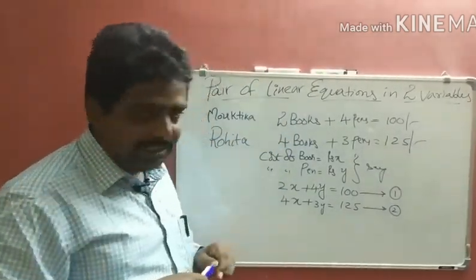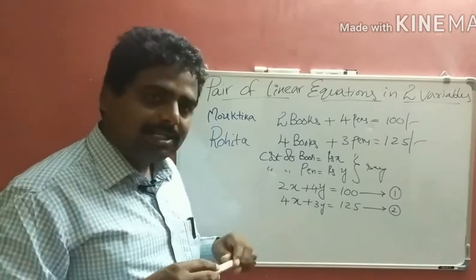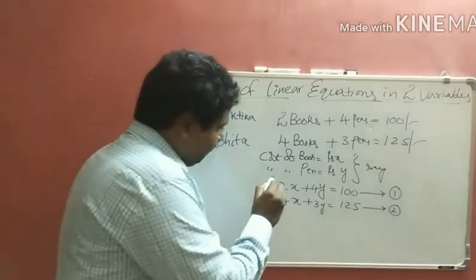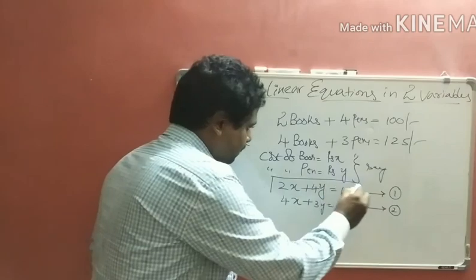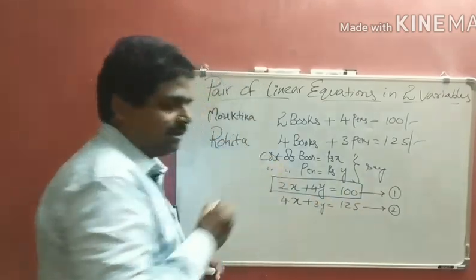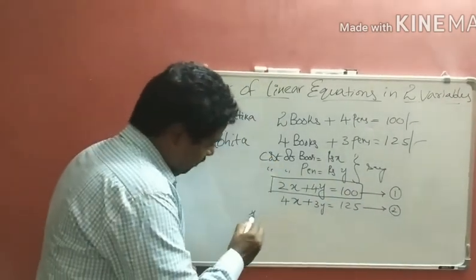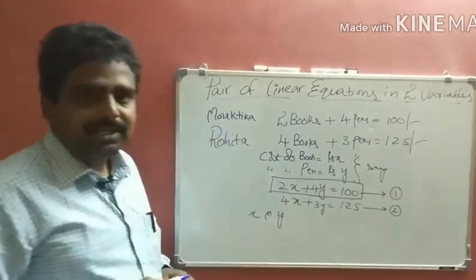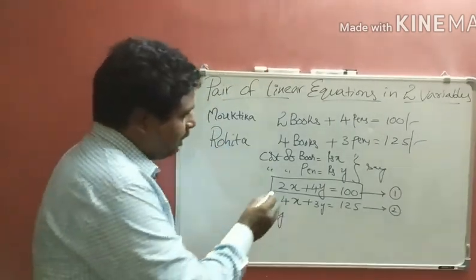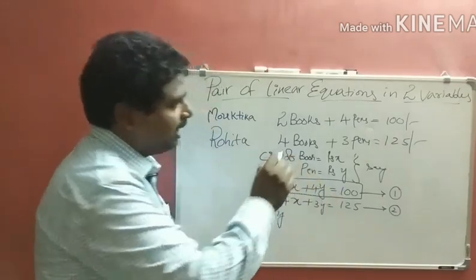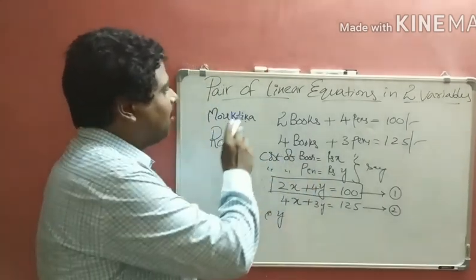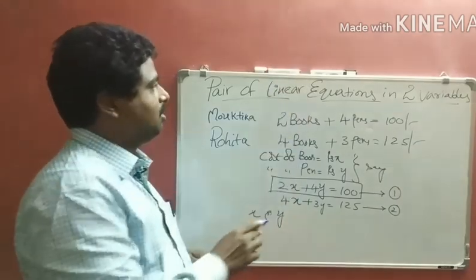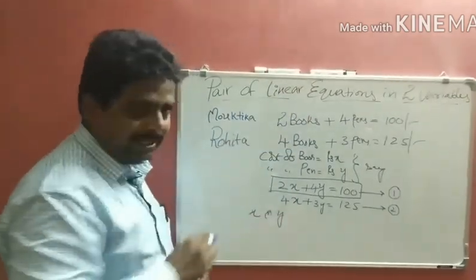Understand? How many variables do these mathematical equations contain separately? Let us take the first one. The first variable is x and the second variable is y. So 2x plus 4y is equal to 100 is called a linear equation in 2 variables, not pair.